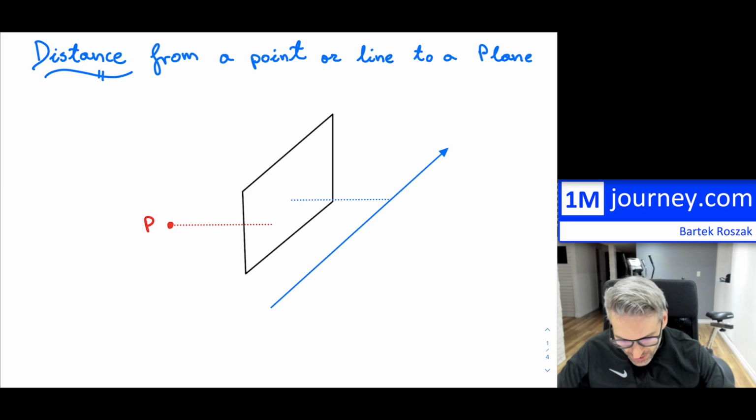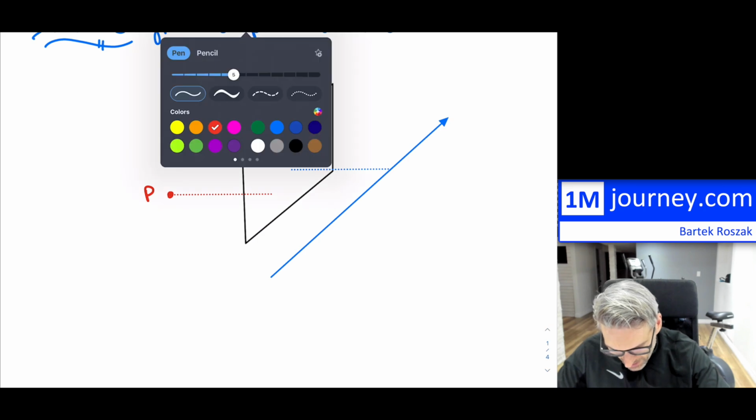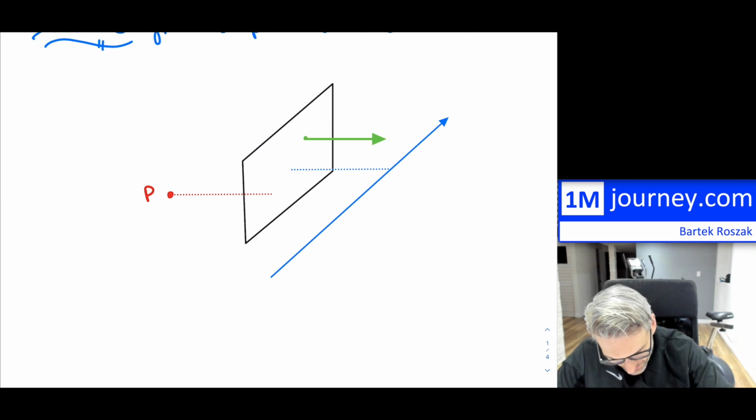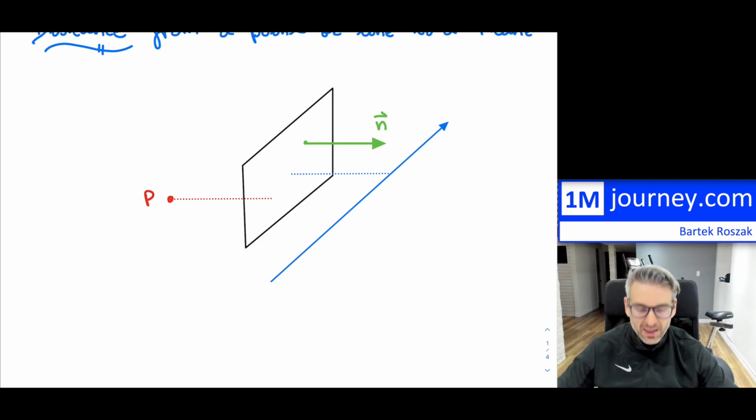Well, we know that a plane can be written out in its standard or scalar form, and therefore we can pick off the normal to the plane. For example, I'm going to just do it on the side over here. Let's imagine that I have a normal, which is the vector that is perpendicular to the plane.